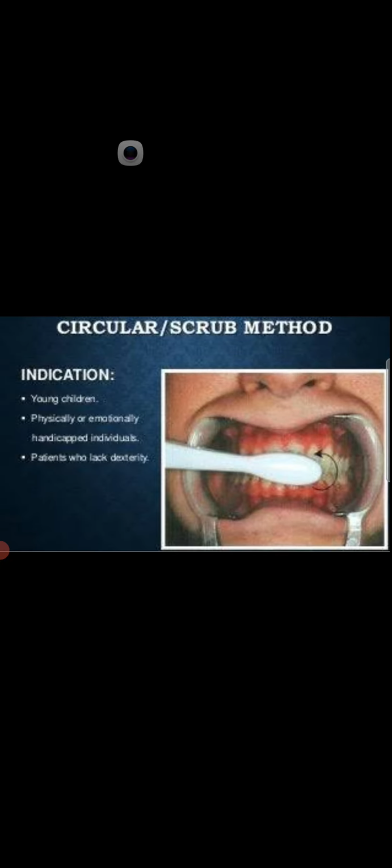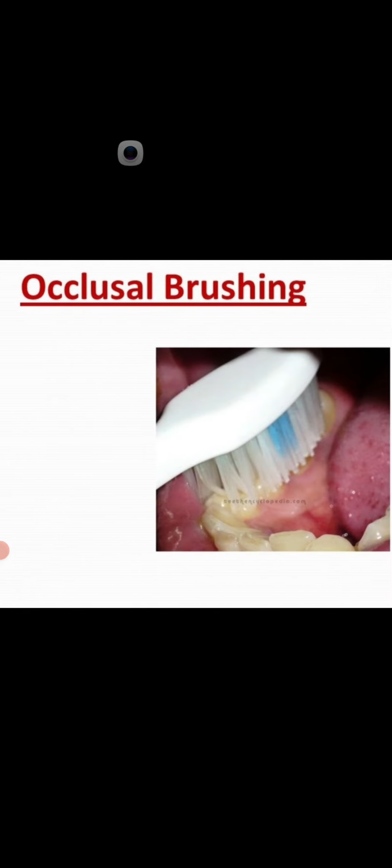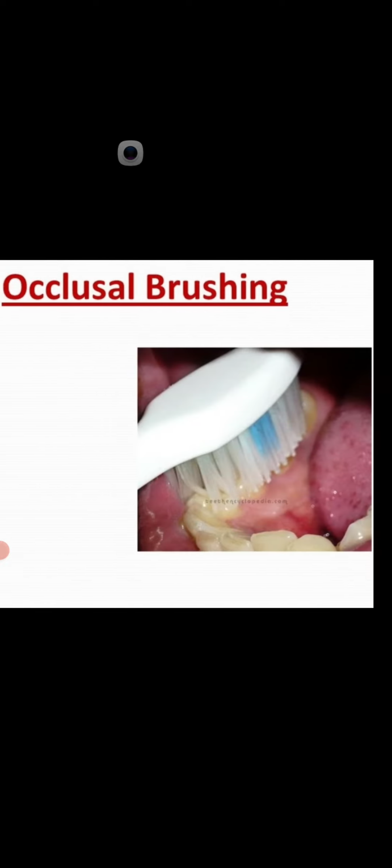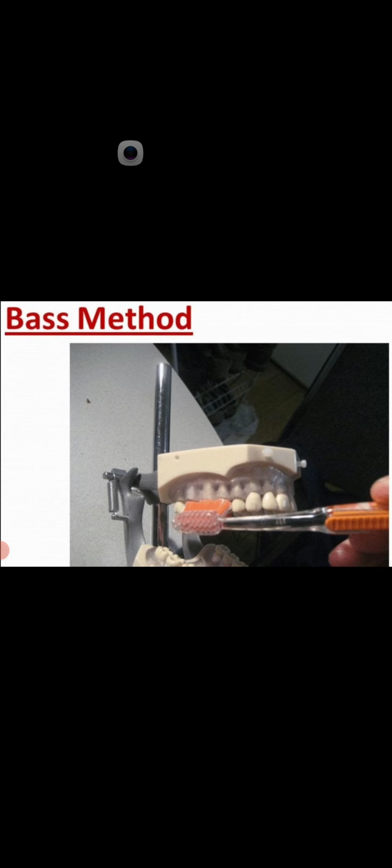This is very important. This is the Fones method, also known as circular or scrub method. Next is occlusal brushing. At the end of each procedure, we should do occlusal brushing.